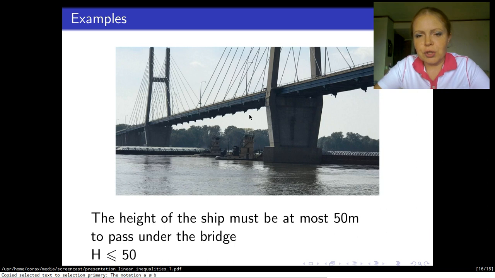If the height of your ship is higher than 50 meters, the bridge will be damaged, right? So your height cannot be more than 50, maximum 50 meters. Here we can write h is less than or equal to 50. H at most 50 meters height.